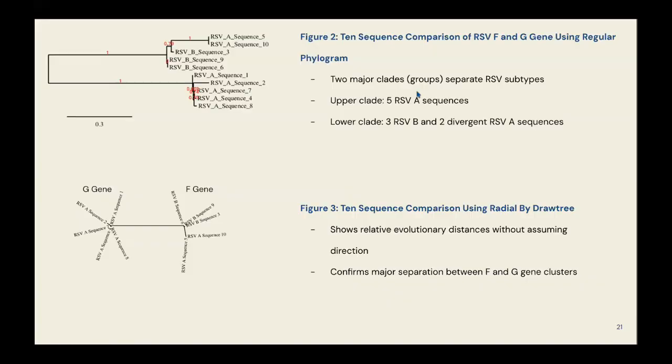For figure 3, we can see the same 10 sequence comparison, however, using an unrooted version, which shows relative evolutionary distances without assuming direction. This confirmed our major separation between the F and G gene clusters.